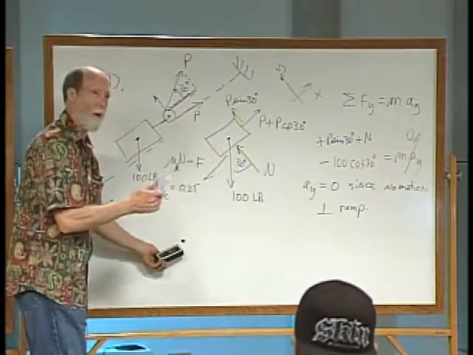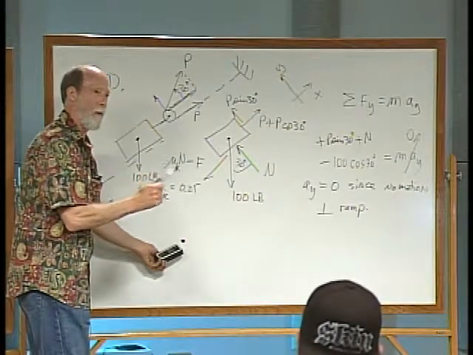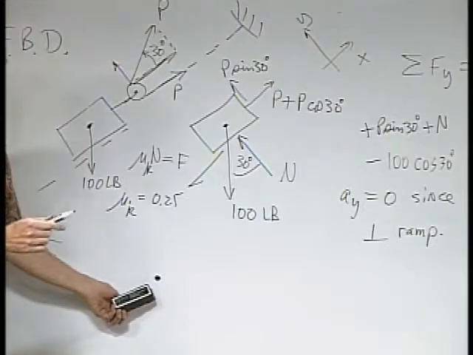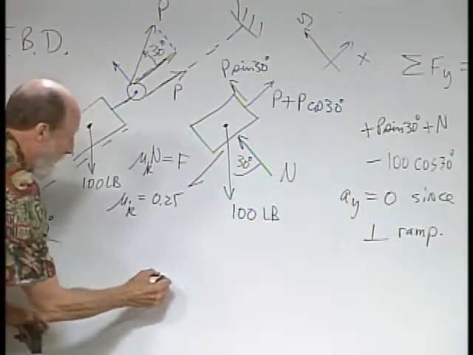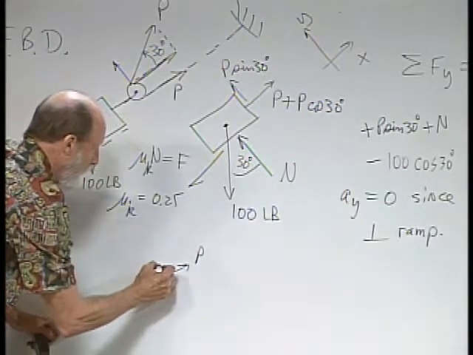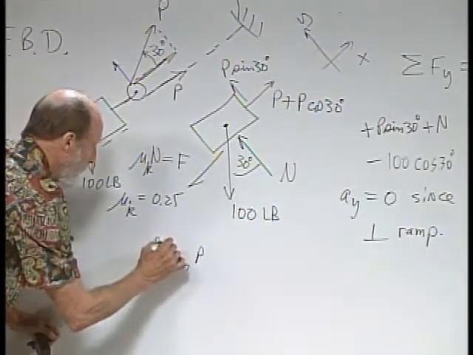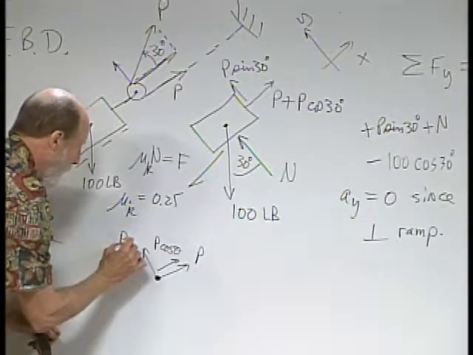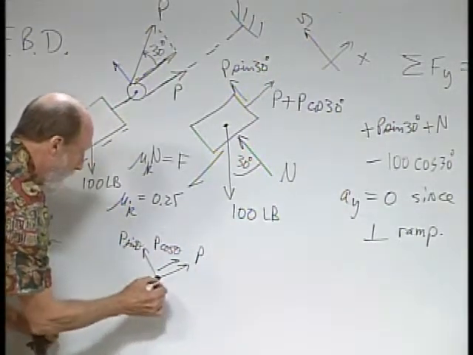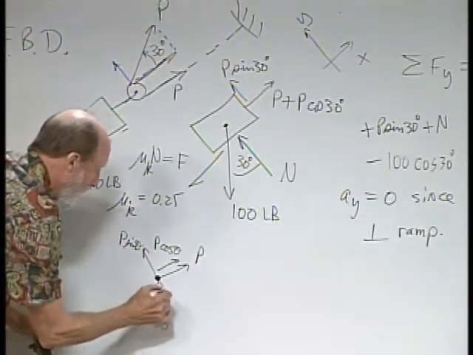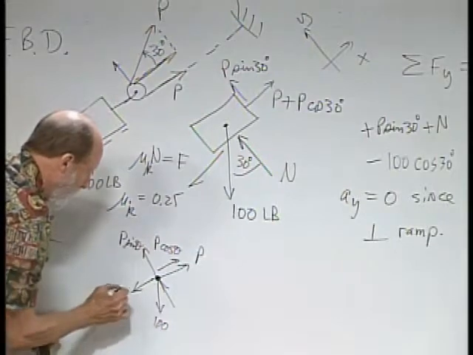You're really talking about a microscopic point location inside a material. We're doing the same thing here. We've got P, and we have P cosine theta that way, and a P sine theta there, and we have a 100 pounds here, and a normal force there, and a friction force there.